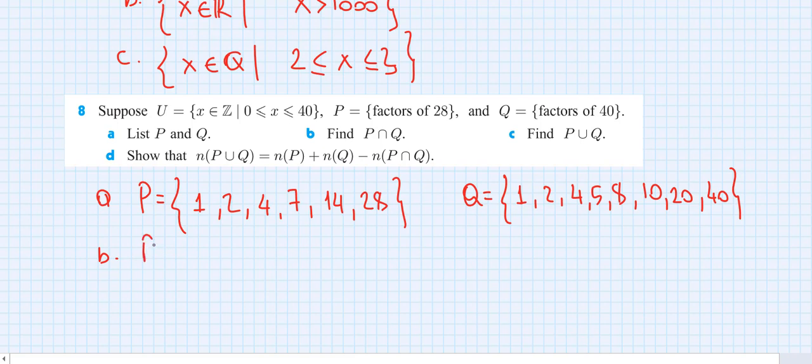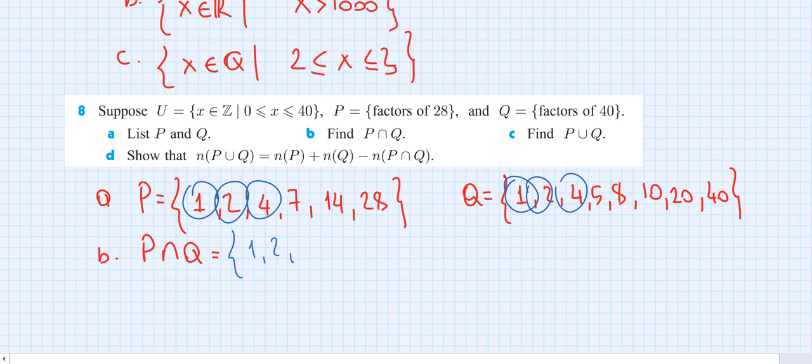We need to find their intersection, a general question which includes everything we have learned so far. I have to go with the elements which are in common for both of them. So it's 1, 2, and 4. Yes, only 3 numbers, so I list them: 1, 2, and 4.